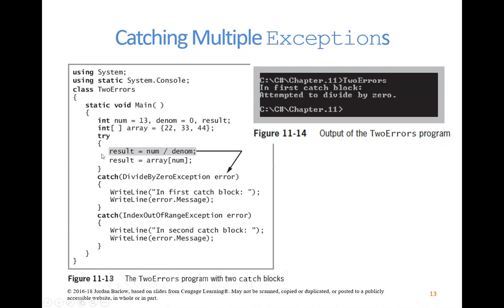So there's two different things that could go wrong in this try statement, and so the programmer has added two separate catch statements. So if the error is a divide by 0, then the application jumps down and does what's in here. If the error is the array error, then it jumps down and does what is in the catch block down here.